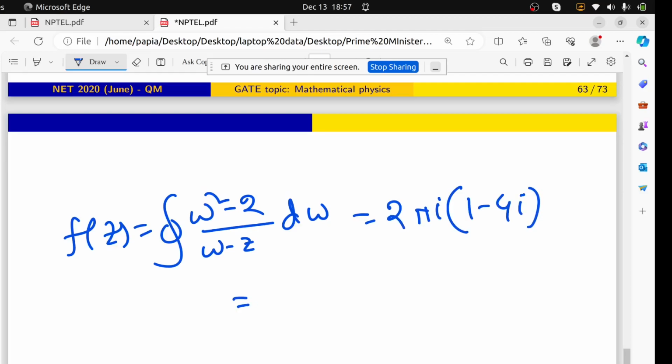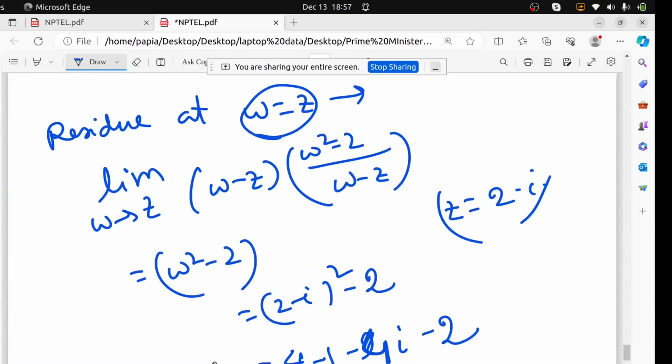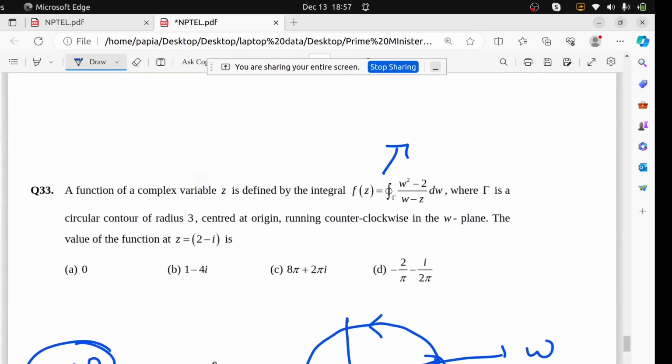That we should remember, okay? Then it will be 2 pi i plus 8 pi. Now see the answer: 8 pi plus 2 pi i. They are asking for this function value. They are not asking for the residue value. The residue will be 1 minus 4i, but the function value will be 2 pi i into this one. So 8 pi plus 2 pi i.